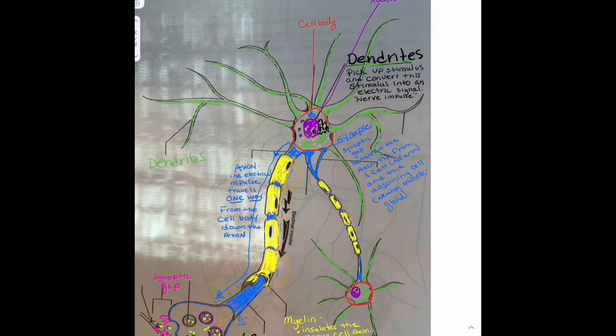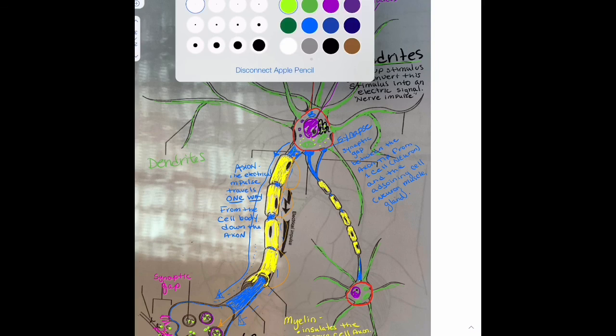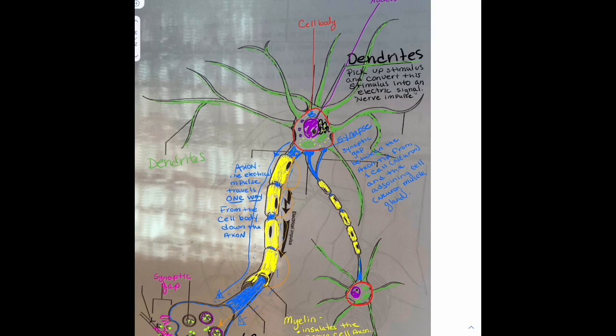Then it goes into the tip, and it stimulates the neurotransmitters to be released, where there are receptors on the other side waiting for those neurotransmitters. They're like, yay, yay, gimme, gimme, gimme. And once that neurotransmitter hits that receptor, it transmits an electrical stimulus in the next cell.